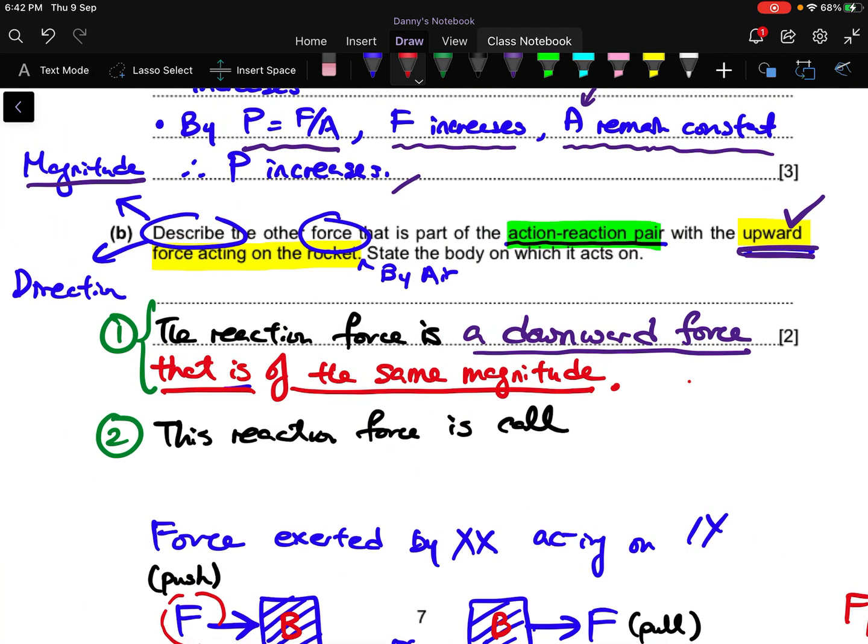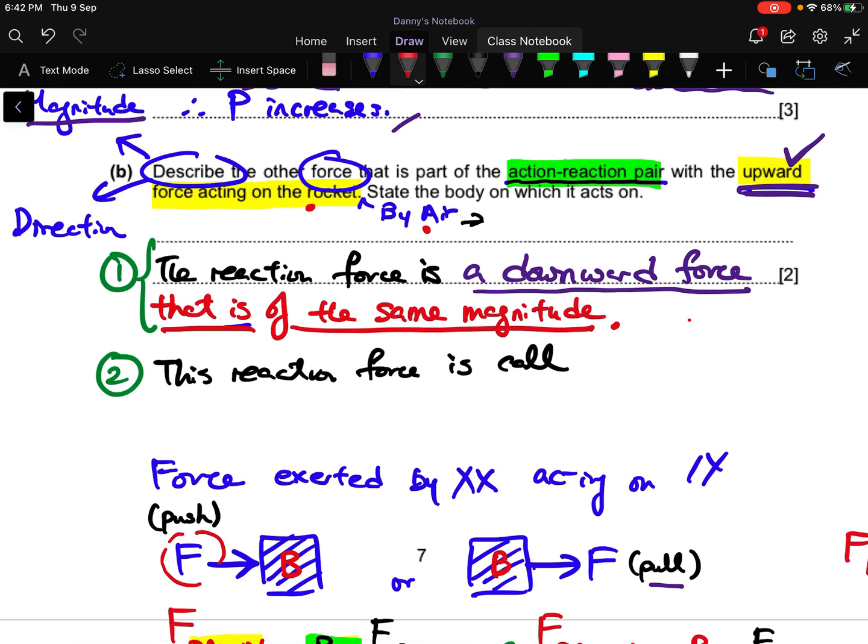So in this case, what is my A, what is my B? Well, it is on the rocket by the air, right? Make a guess in your mind before I tell you the answer. I give you 5 seconds, you make a guess, okay? 5, 3, 1, okay?